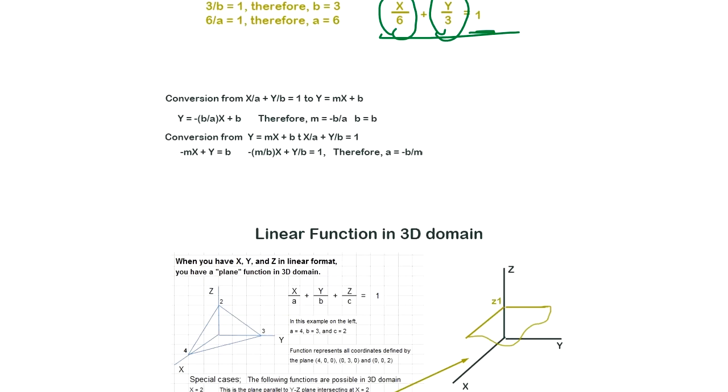This proof here, we already did this. Okay, now you may wonder what happens in the 3D domain.